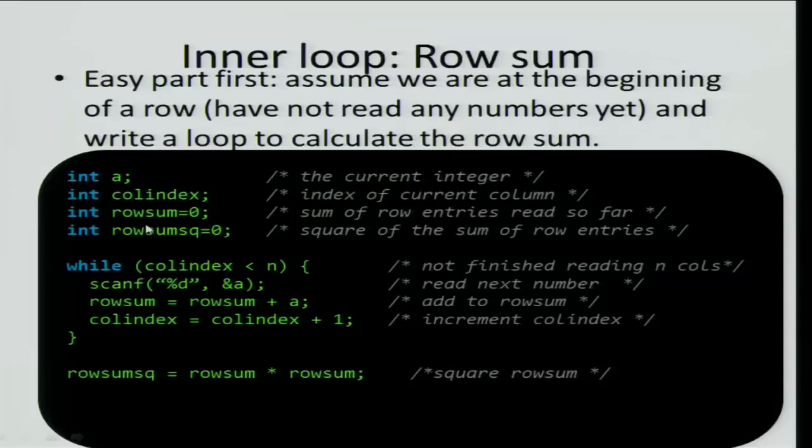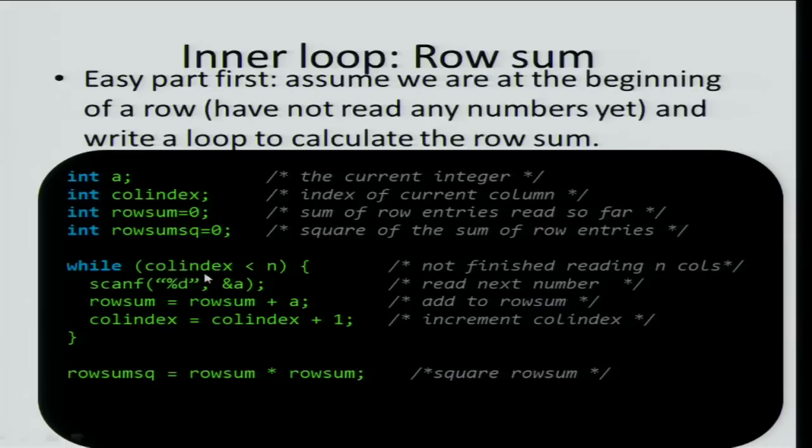We declare 4 variables: a, column index, then we need something for the row sum and some integer variable for row sum squared. Okay. Now, what you do is you go along the row and add the numbers in each column.